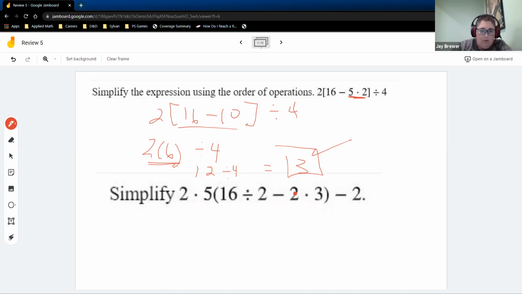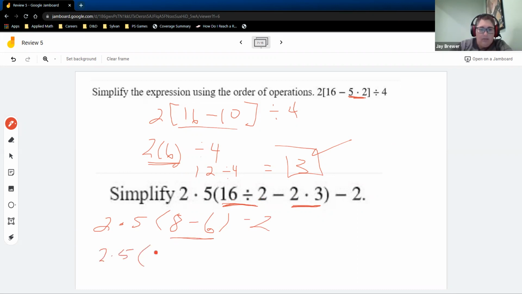Okay. All right, again, we're working inside. I'm going to double dip, and I'll work those two first. So 2 times 5. 16 divided by 2 is 8. And then 2 times 3 is 6. Minus 2. It's just to save some space for you guys. 2 times 5.